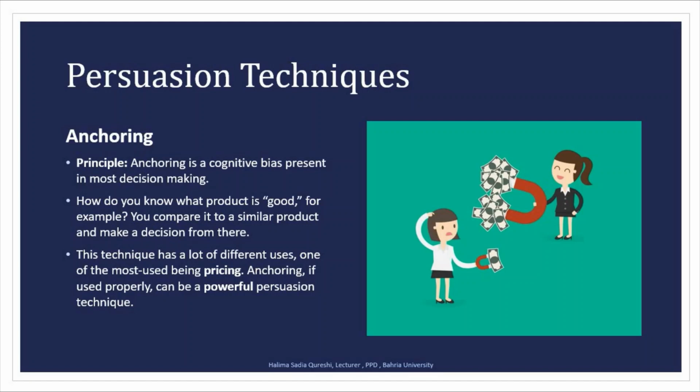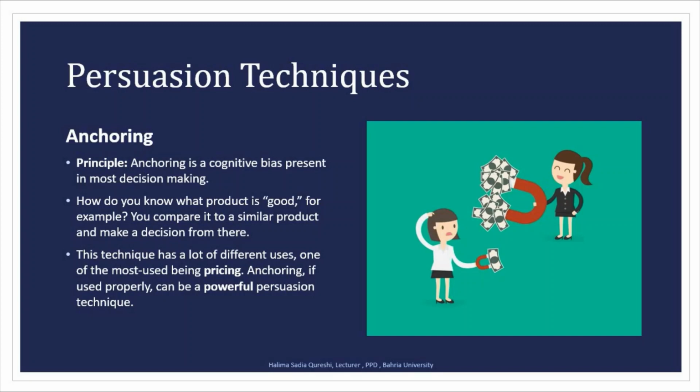If you are buying a mobile phone, you compare it with similar products offering the same characteristics or specifications. Then you make your decision, and you try to make a better decision in that situation.